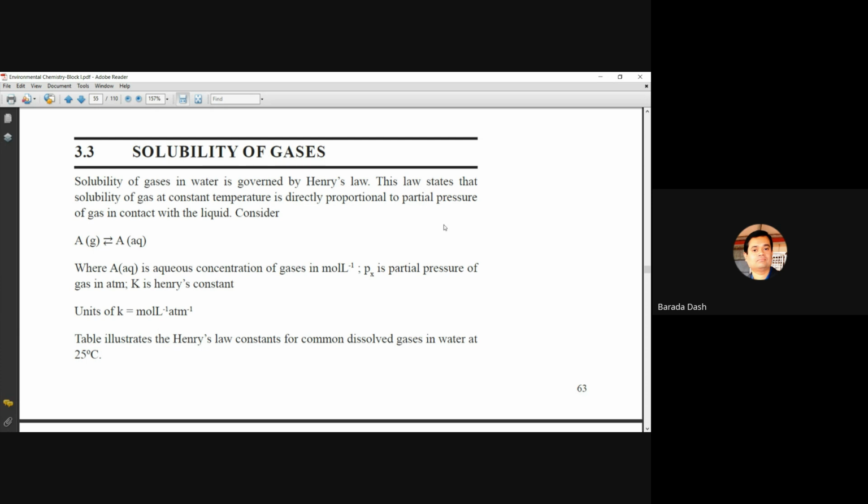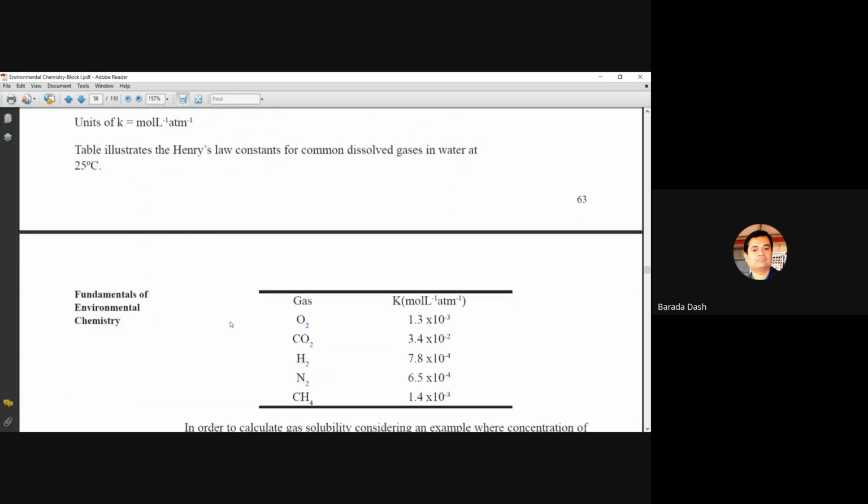So a gas dissolves in liquid, A(aq) equals K times P, where A(aq) is the aqueous concentration of gas in moles per liter, P is the partial pressure of the gas in atmosphere, and K is the Henry constant. So here K has units of mole per liter per atmosphere.